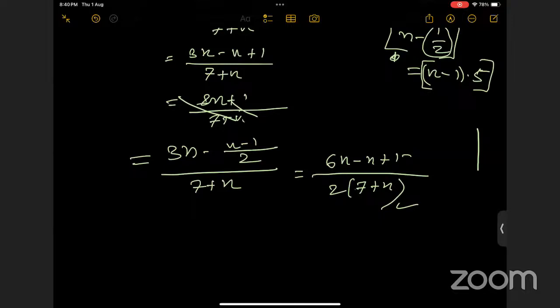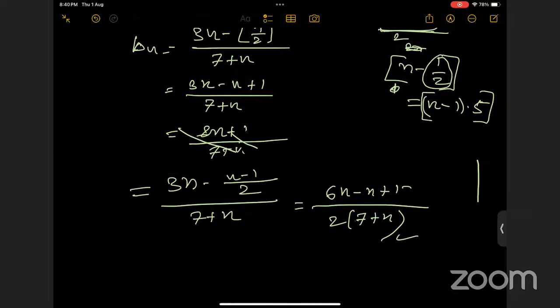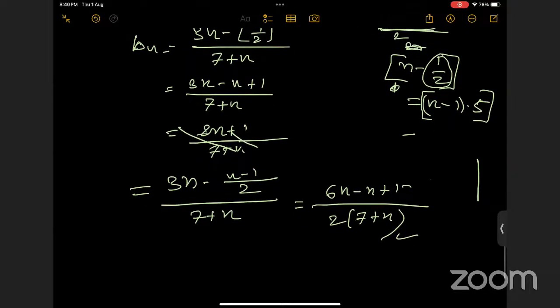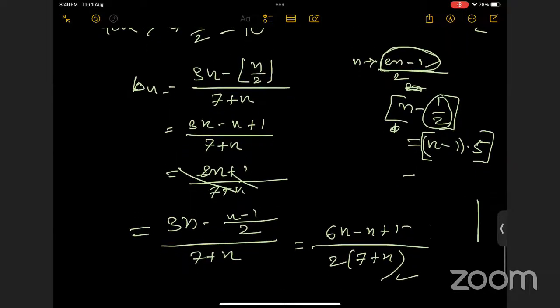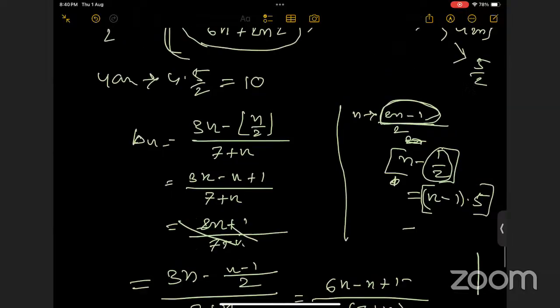Because here we can find n minus 1.5. That means from here we can do this, right? Yes, ma'am. Please explain it again. I'm not able to understand from where you got that n minus 1.